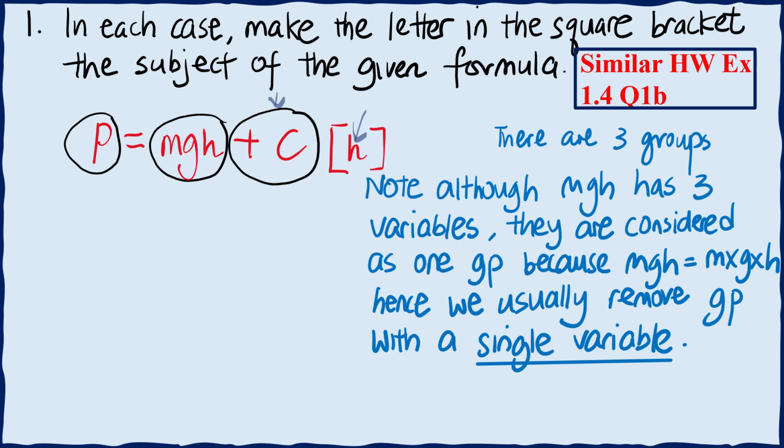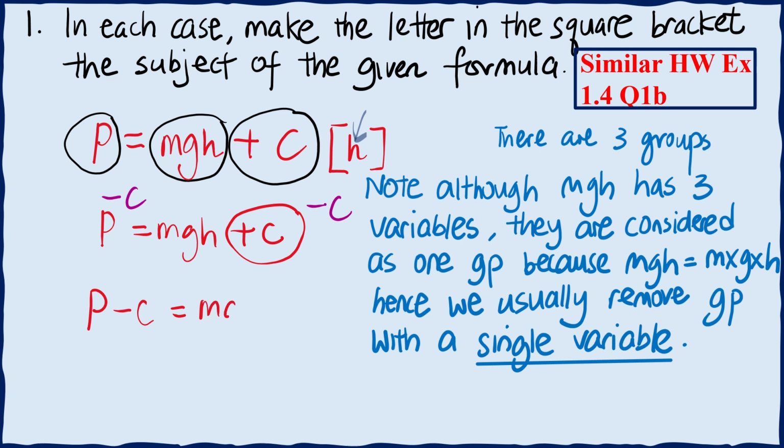To remove it, we always use the opposite. So positive C, the opposite is negative C. So we're going to subtract C on both sides. And that will give us P minus C equals MGH.